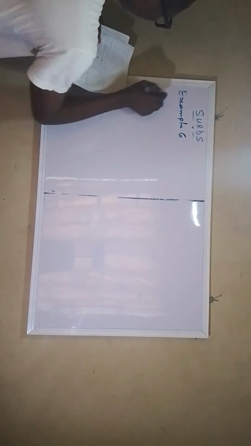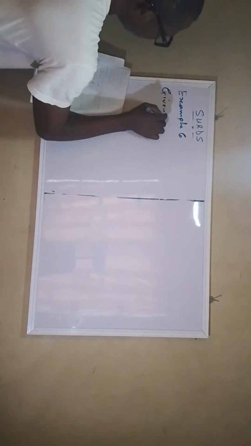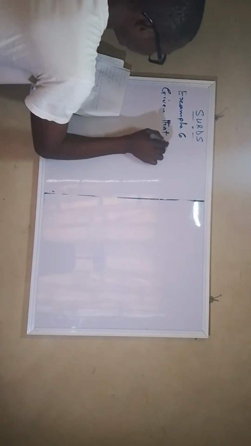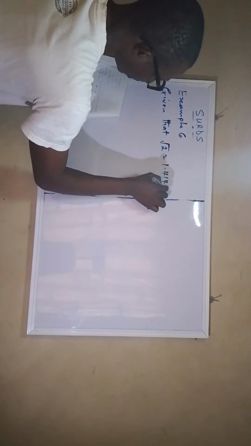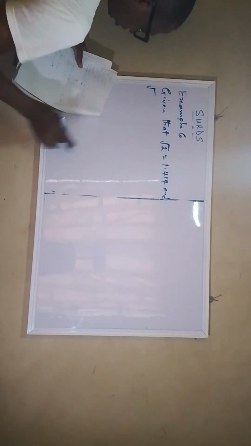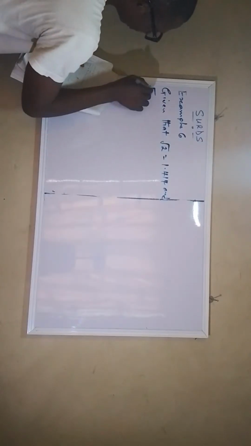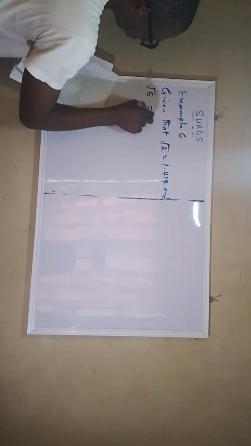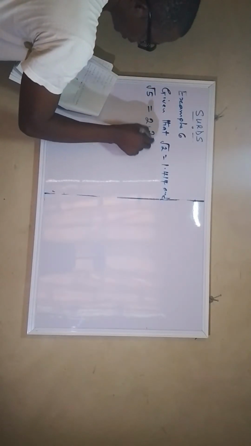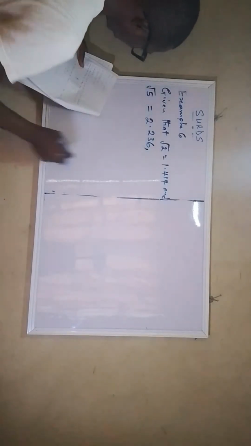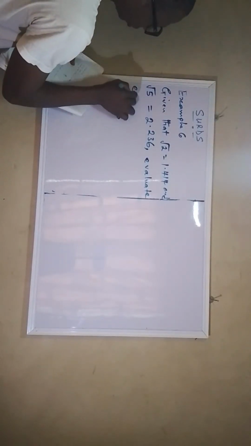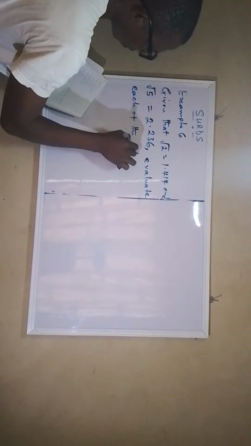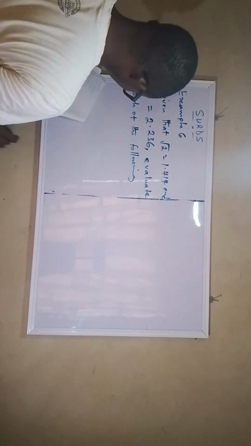All right, so now we have given that square root of 2 equals 1.414, and the square root of 5 equals 2.236. Okay. Evaluate each of the following.